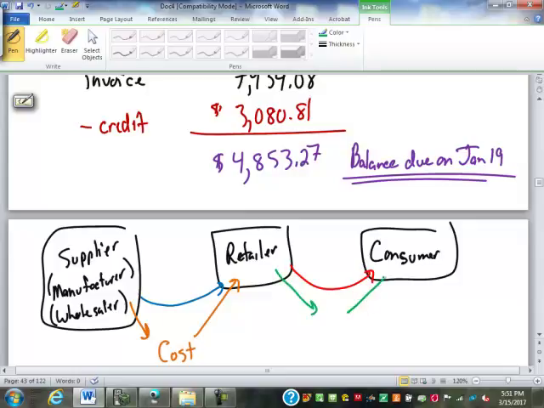So then what the retailer charges the consumer is called the selling price. Again, we're looking at this from the viewpoint of the retailer. They're buying and they're selling.